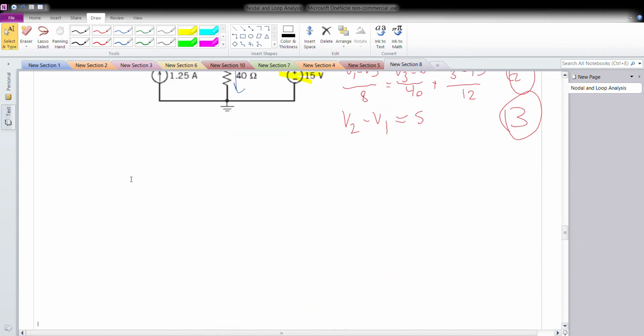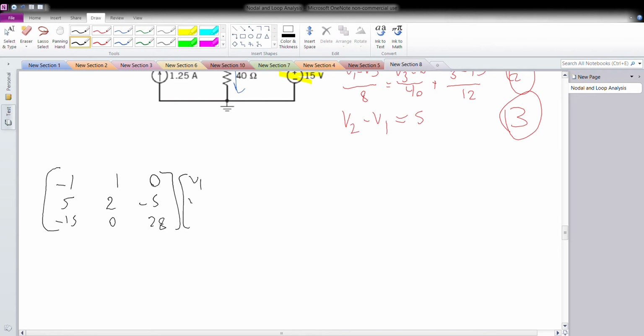Okay, if you finally write the matrix, it's going to be [-1, 1, 0; 5, -5, -15; 0, 28] times V1, V2, V3 equals 580, 150.